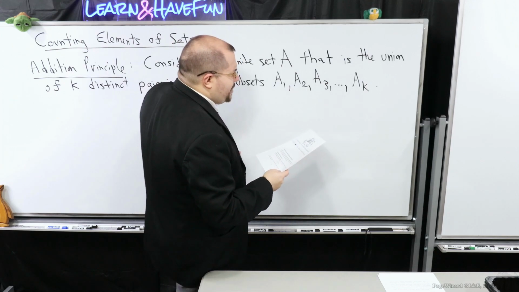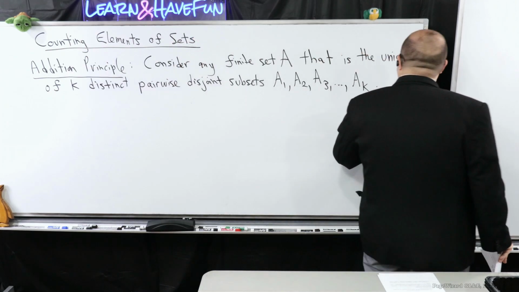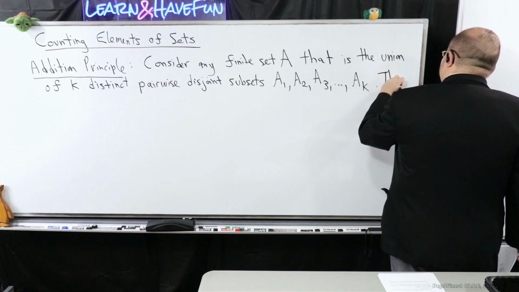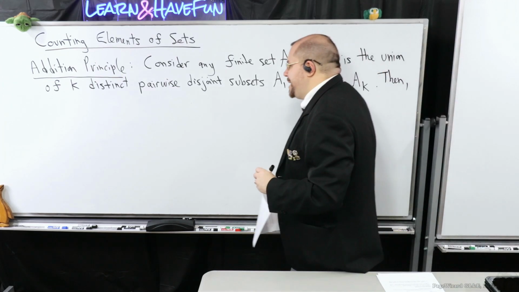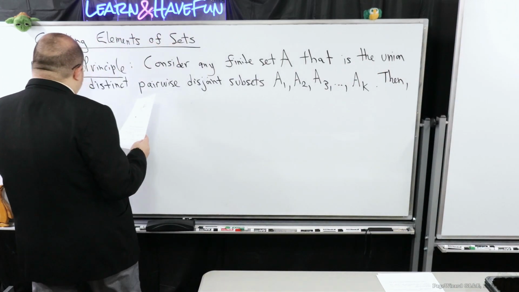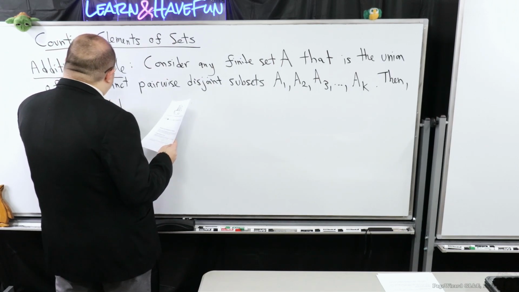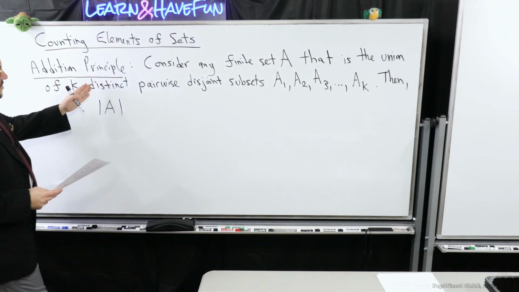So what does that mean then? So remember, we just talked about how we would count this then. Well, how many elements are in A? So a common way to denote the number of elements in a set is using these vertical bars.